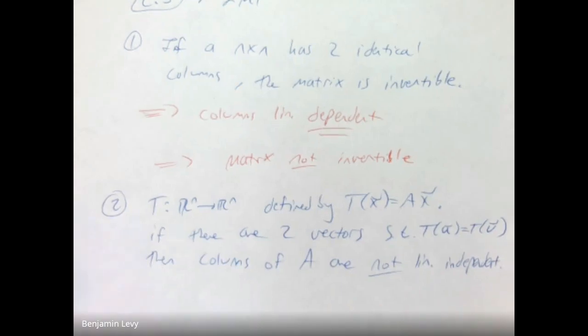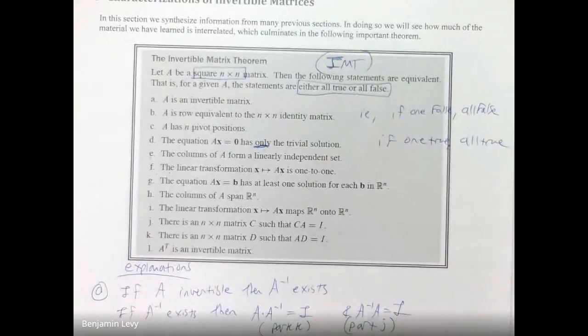So we're being told we have a linear transformation that's represented by a matrix, right? We know that all linear transformations have a matrix representation. And we're being told that two different vectors get sent to the same place, right? And so if we look at the IMT, that means that the linear transformation is not one-to-one. So where does it say that? Right here.